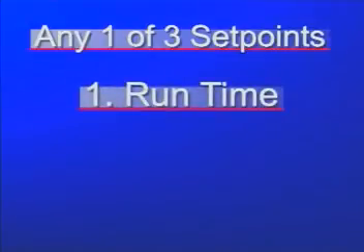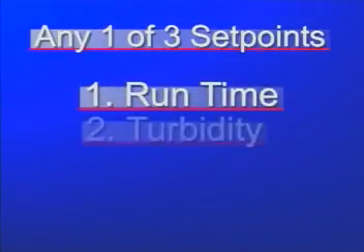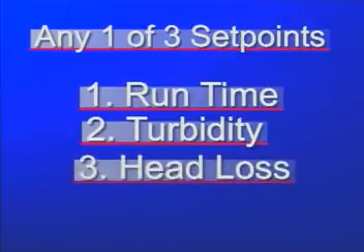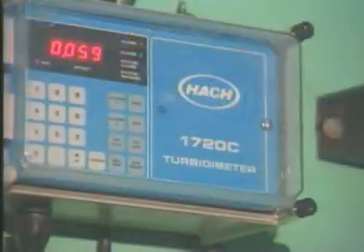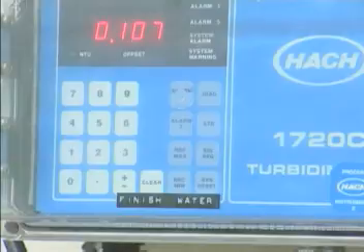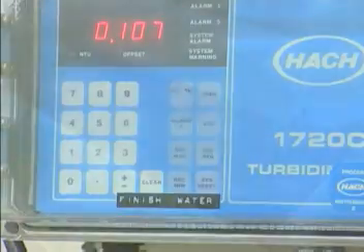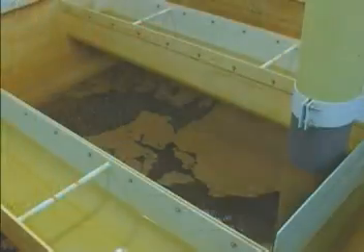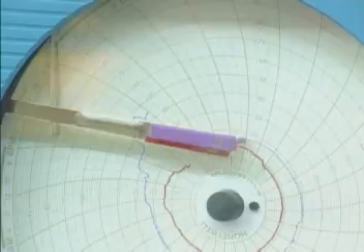The filters continue to process water until one of 3 set points is reached. The set points are the length of time, referred to as run time, turbidity, and head loss. An increase in effluent turbidity may indicate that the filter is overloaded and unable to retain the particles.